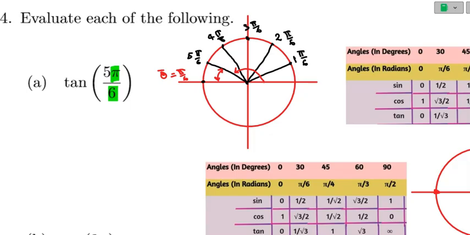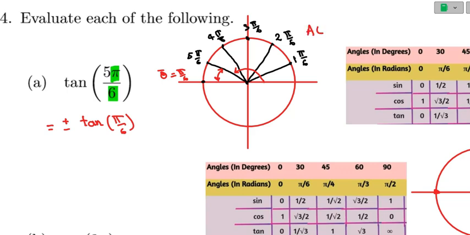So this is going to equal either plus or minus tangent of pi over 6.